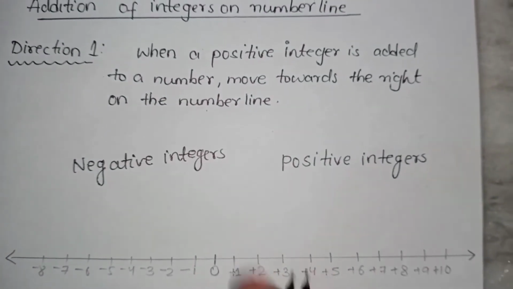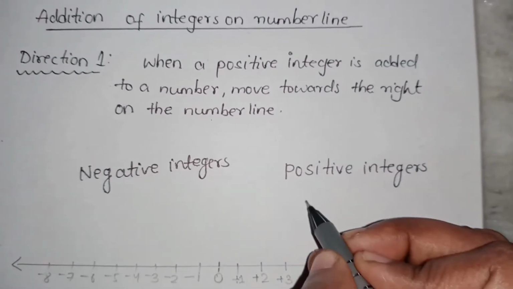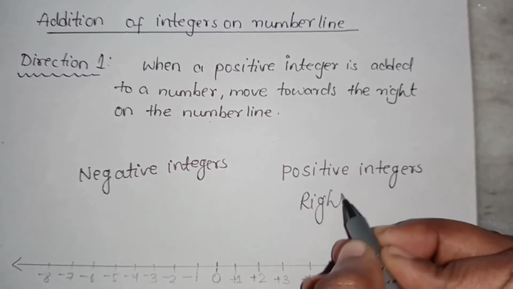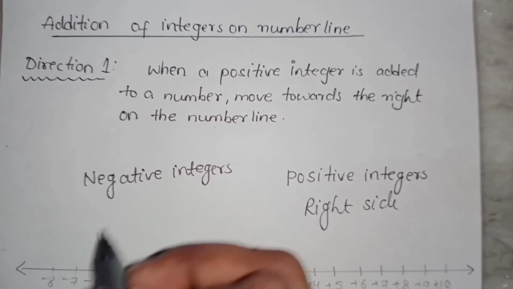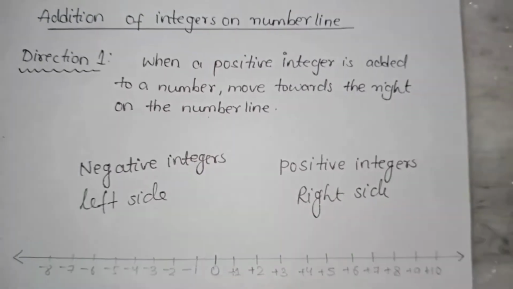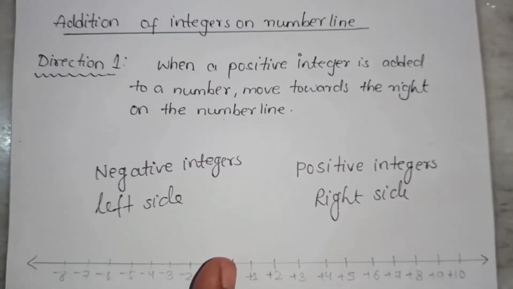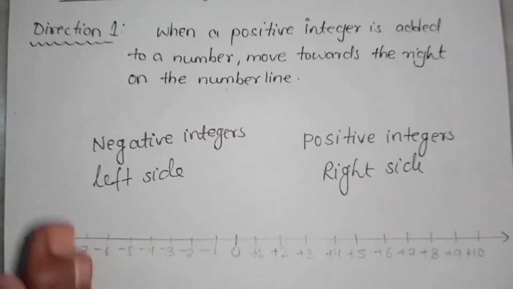This one is the right side, and this one is the left side. So to the right hand side of the 0 are the positive integers, and to the left hand side of the 0 are the negative integers.